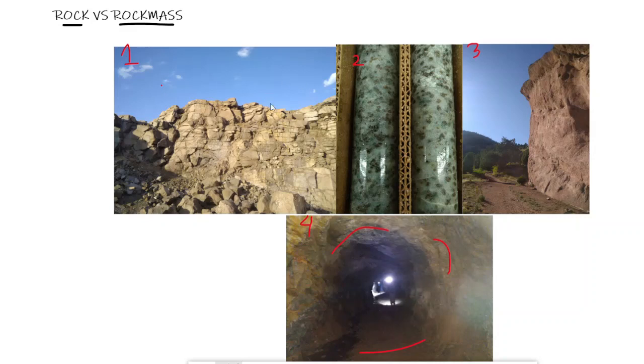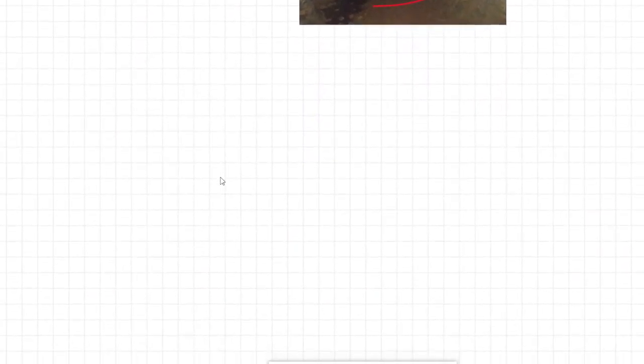Very small cores compared to an entire wall of a quarry here, an entire sandstone outcrop that towers above these trees or bushes here, an entire tunnel that encloses these people you see inside. So the scale is kind of the first and most obvious thing, and that's not to say that's all that's going on, but if we're to compare rock versus rock mass here, it's a good start.